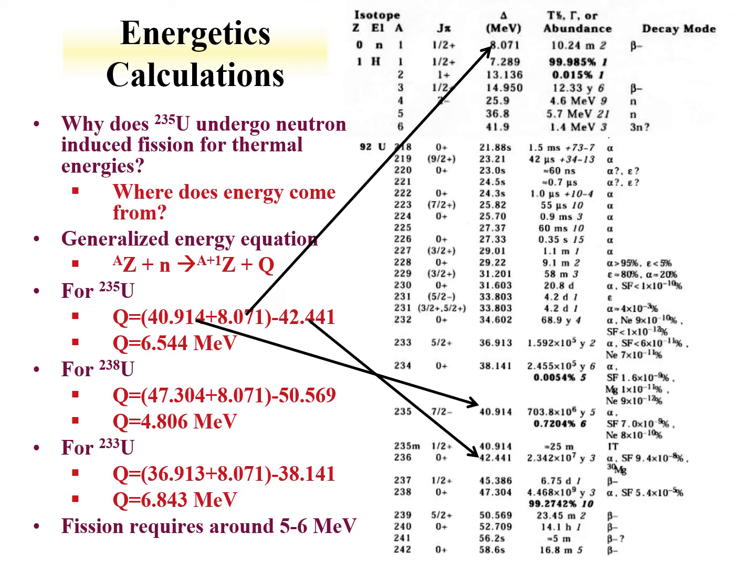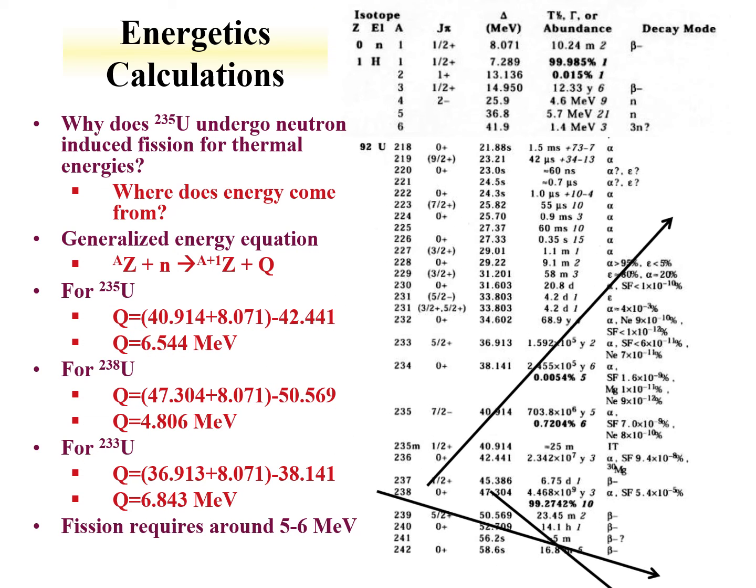So for E, we would have the mass excess of uranium-235 plus a neutron minus uranium-236. The neutron and the 236, that's equal to 6.5 MeV.